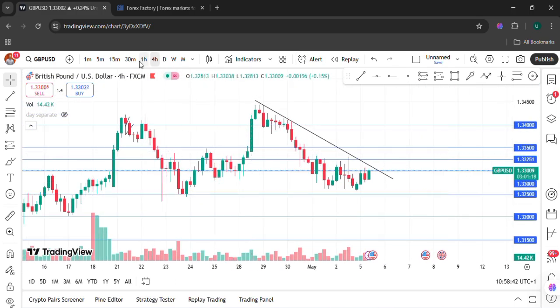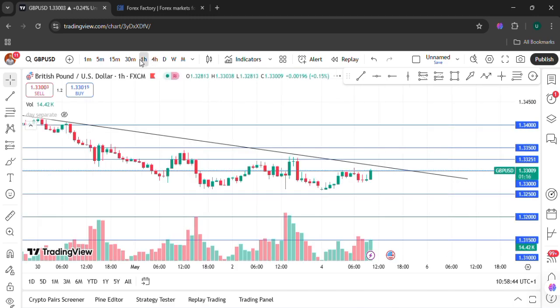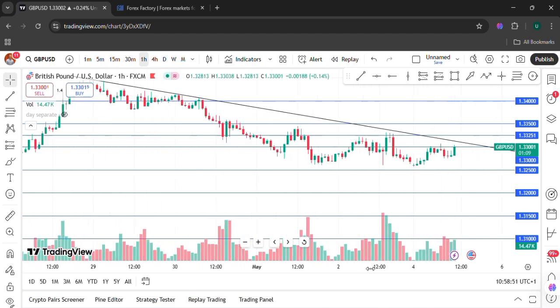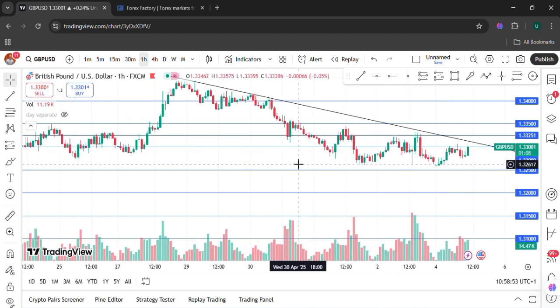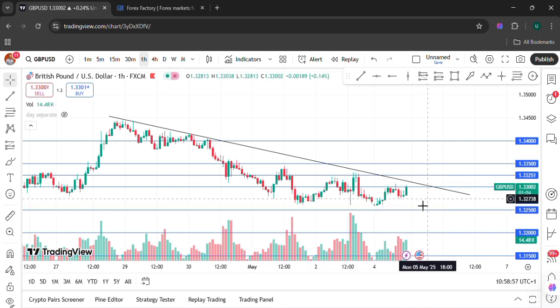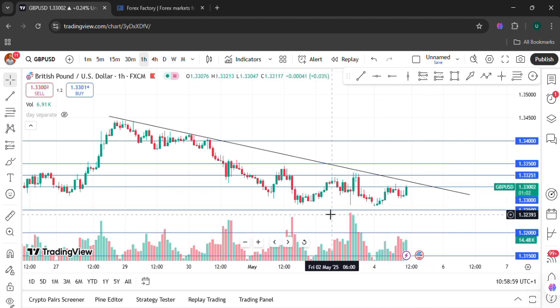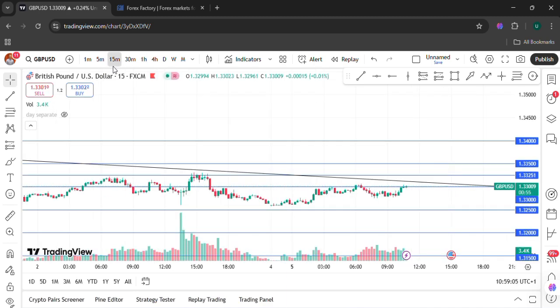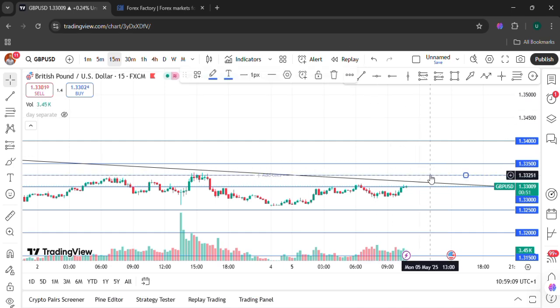Alright, so let's go to 1 hour time frame, in a broader view. You can see what's happening. But before that, let's go on 15 minutes time frame and plot our psychological levels. 50 pips of gap, so let's delete this.